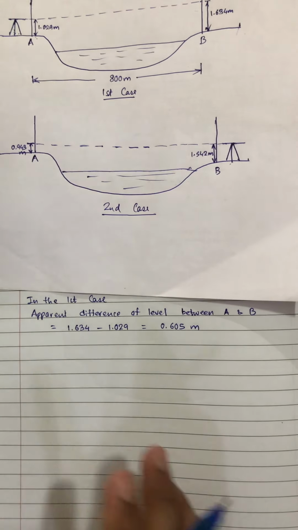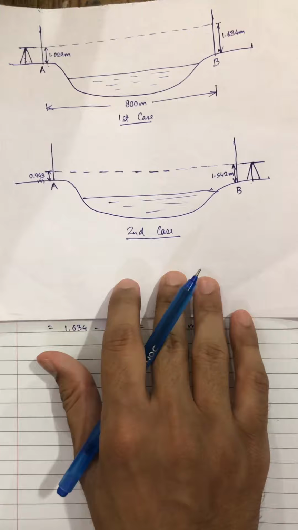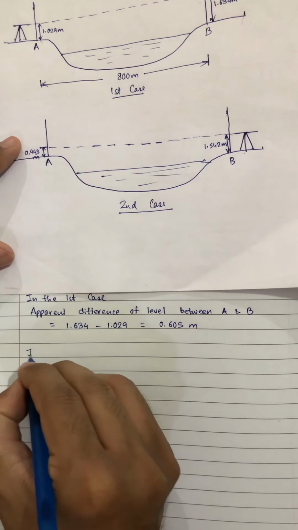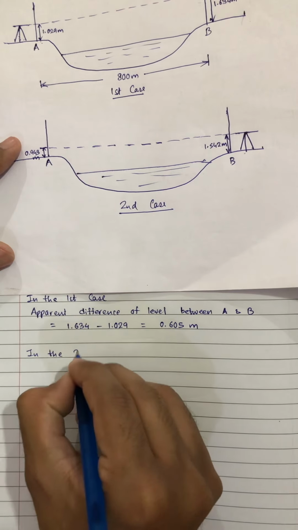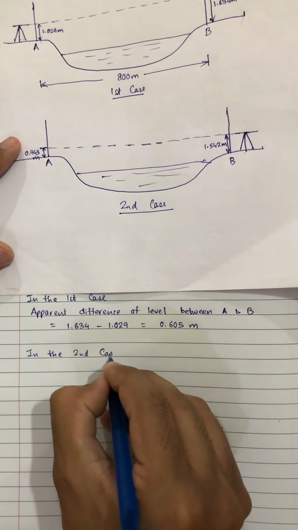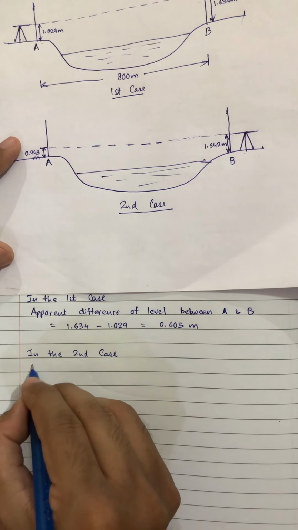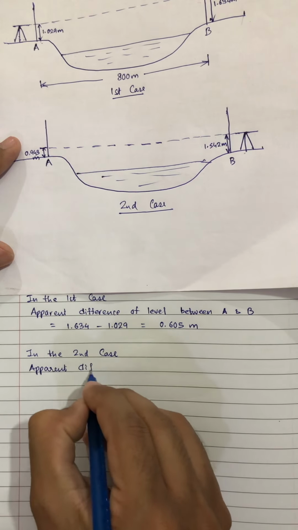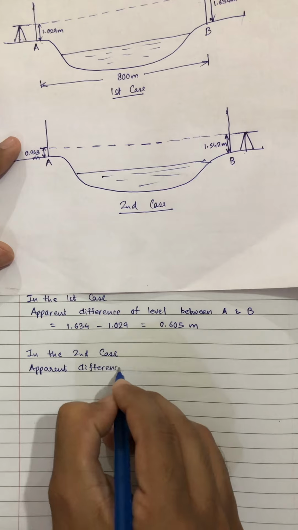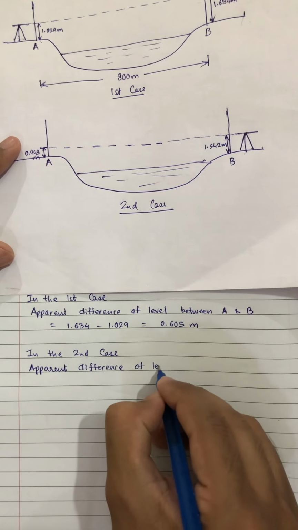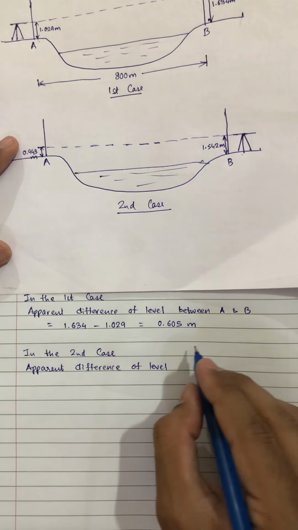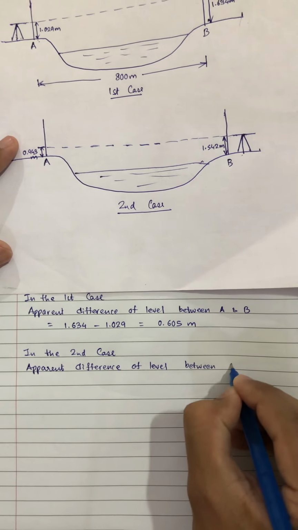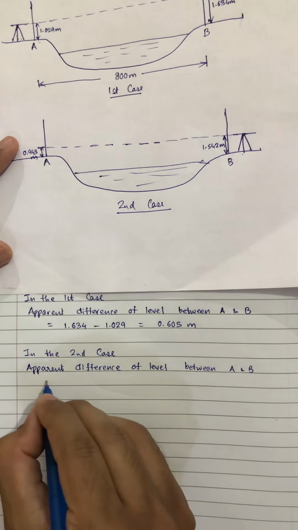Okay. Similarly, in the second case, when the instrument is near point B, the apparent difference of level between A and B will be equal to what?